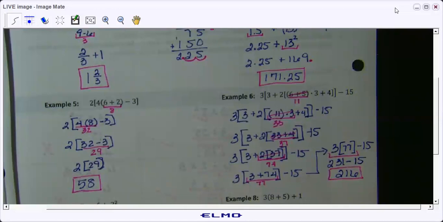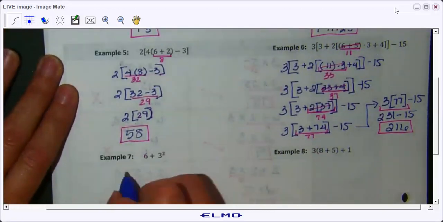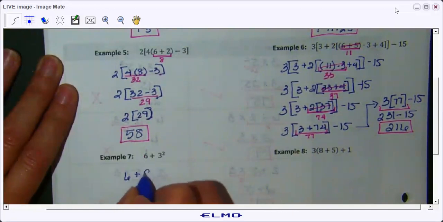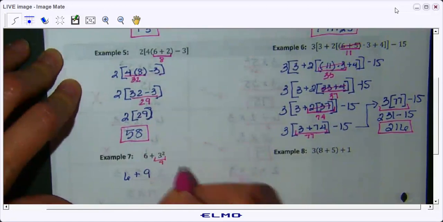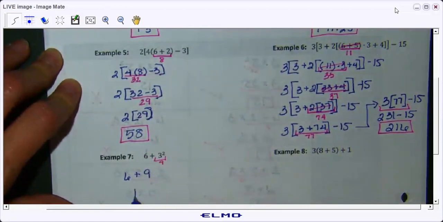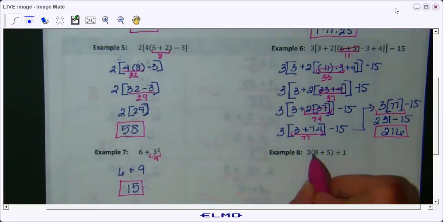Okay. I'm going to go ahead and move down to 7 and 8 and solve those because I think most of you have finished those. And then you can check your answers. So just going to start solving them. Parentheses first.